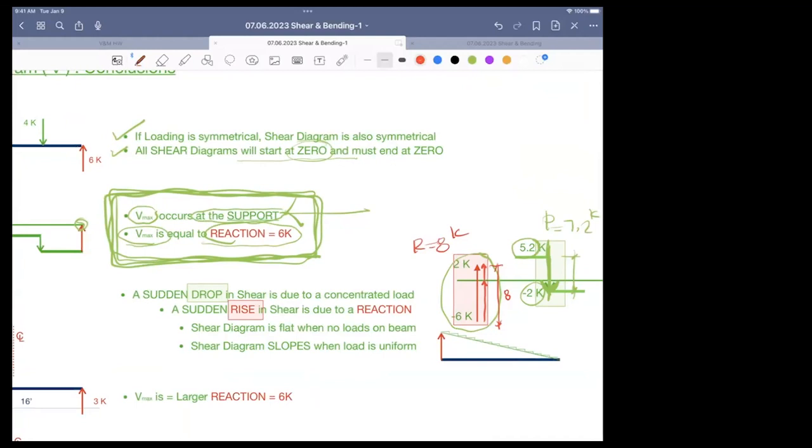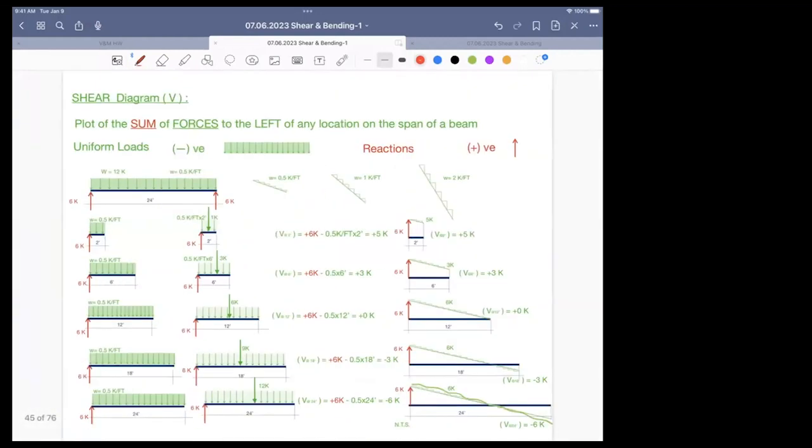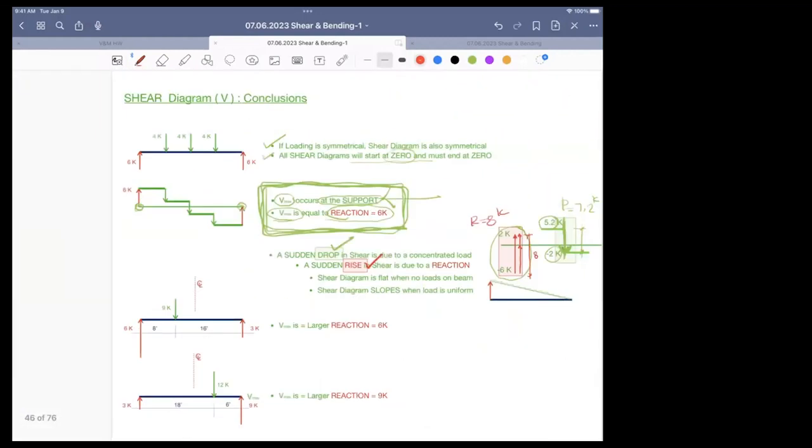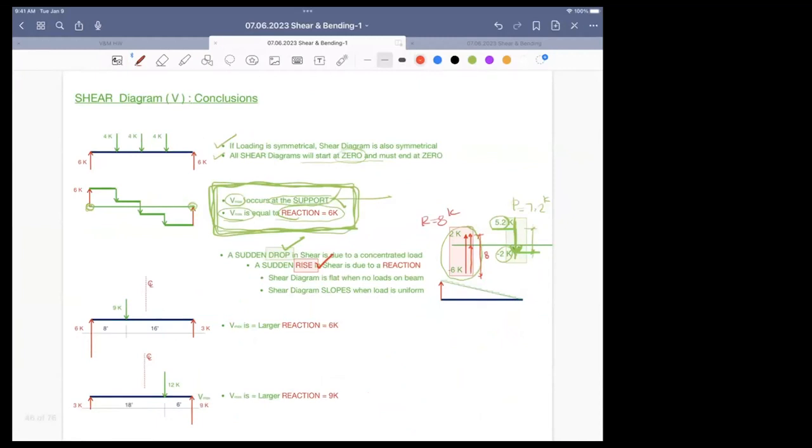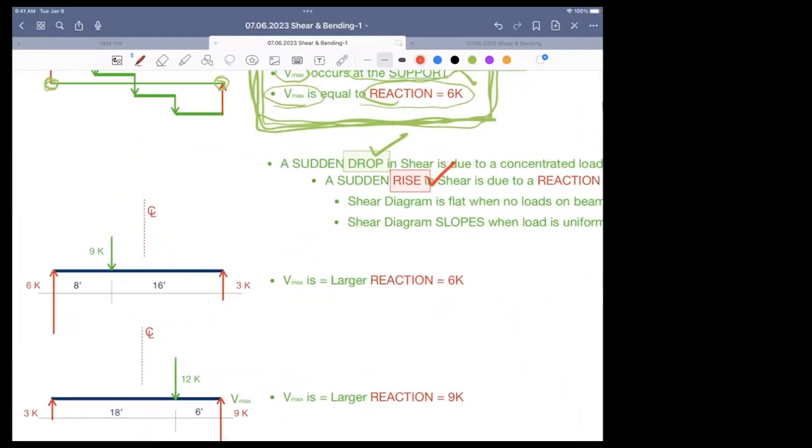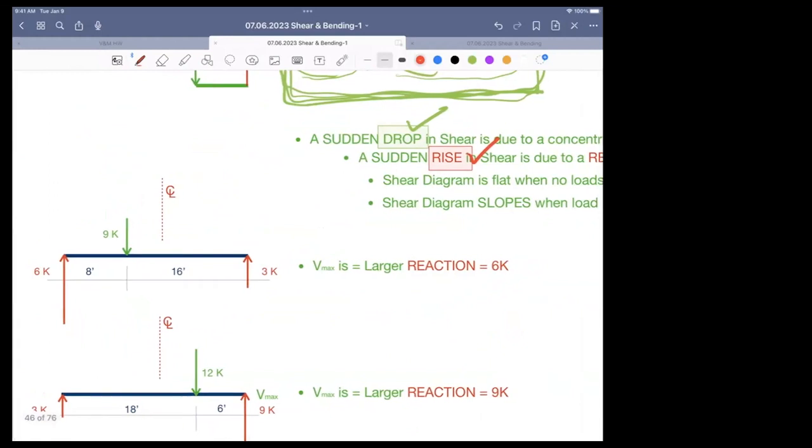Okay. A sudden drop in shear is due to a concentrated load. A sudden rise in shear is due to a reaction. Shear diagram is flat when there are no loads, and it's sloping when there is a uniform load. So if your reactions are unequal, you find the reactions.